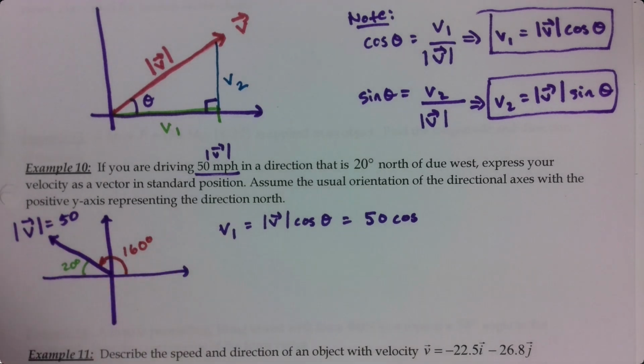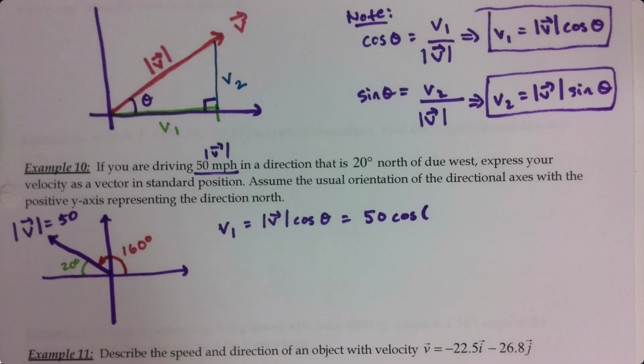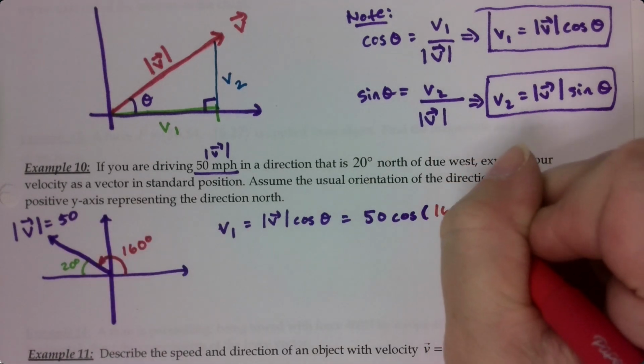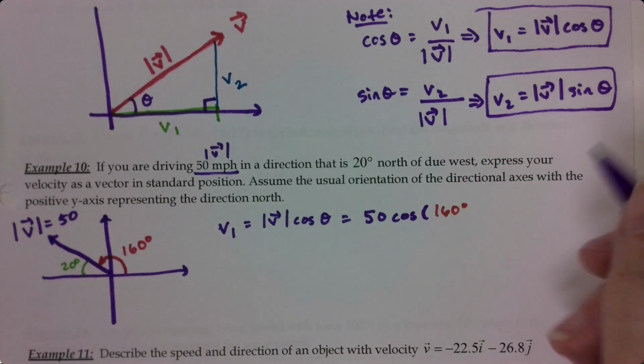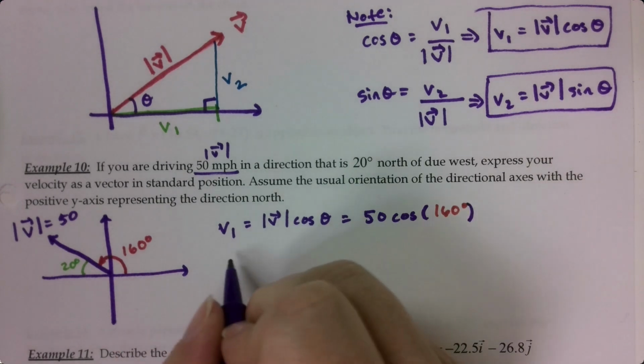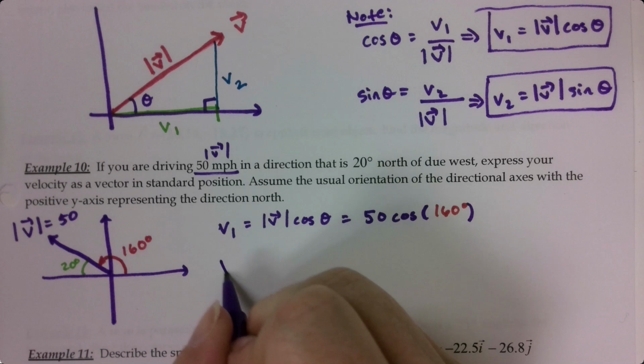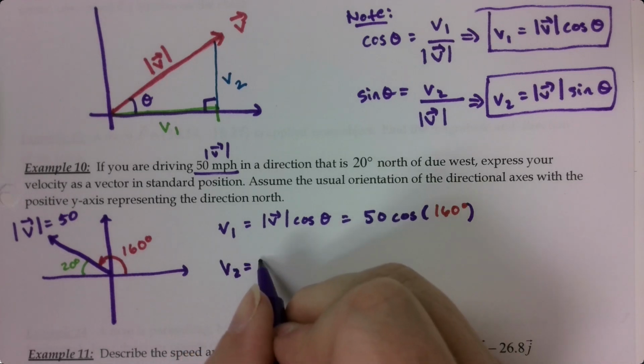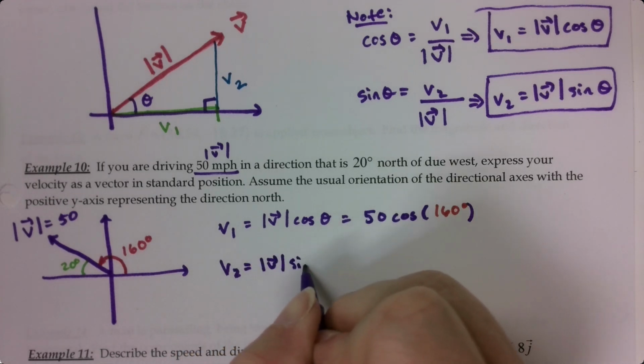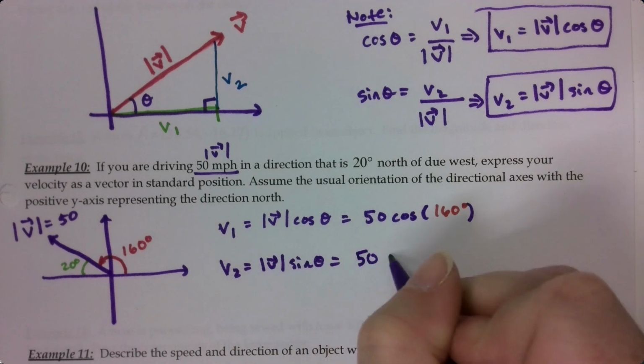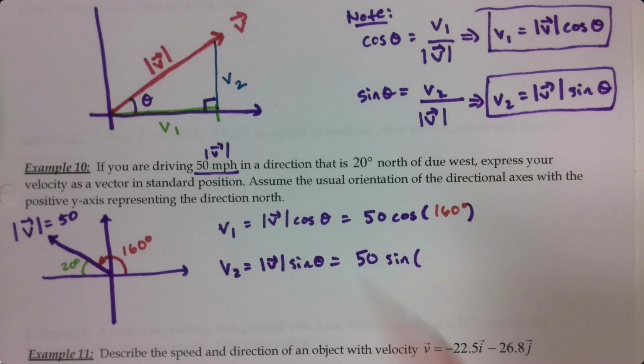There's a term you hadn't heard in a while. And then v2 would be the magnitude of v times the sine of theta, so that would be 50 sine of 160 degrees.